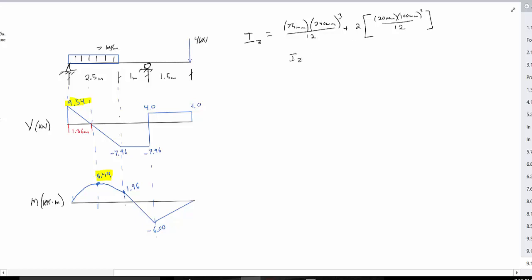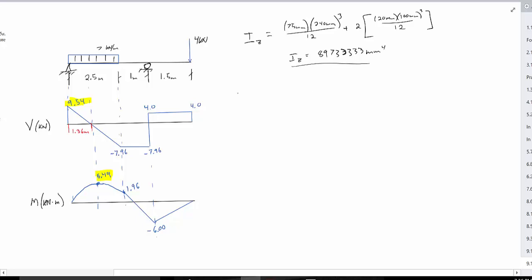So we get I sub z equals 89733 millimeters to the fourth.